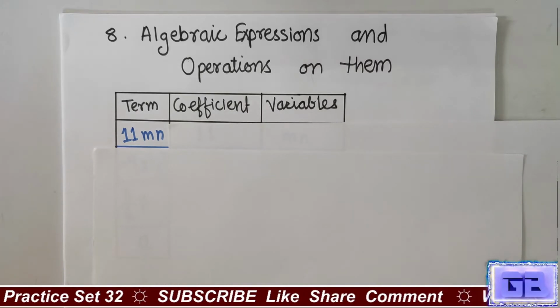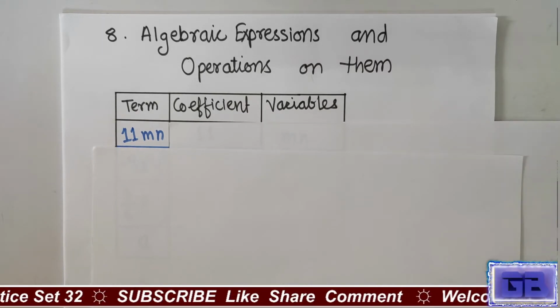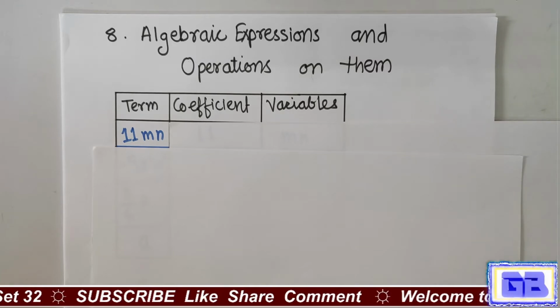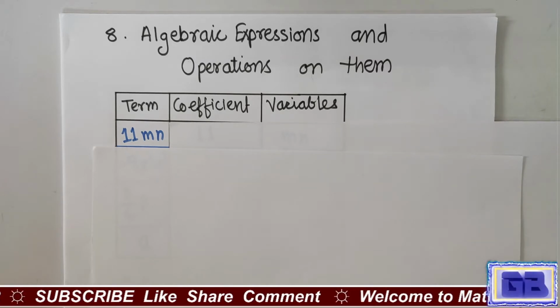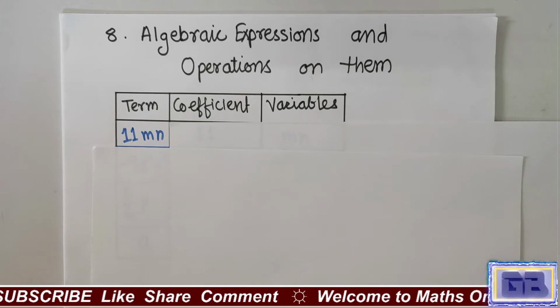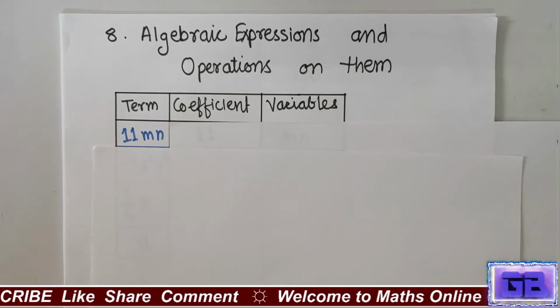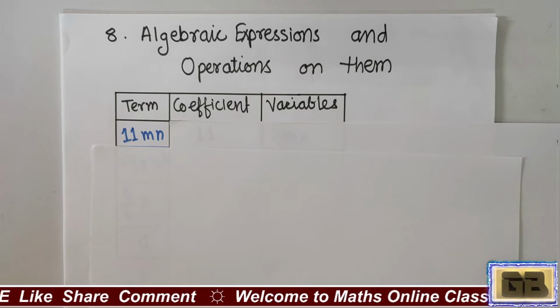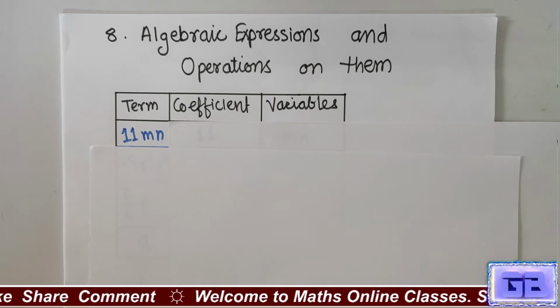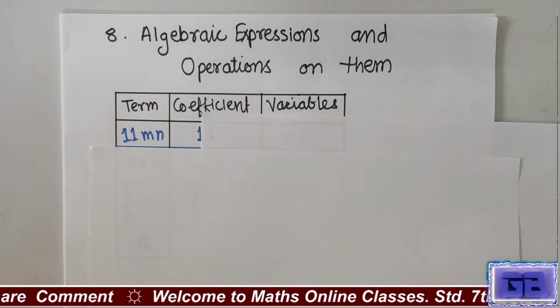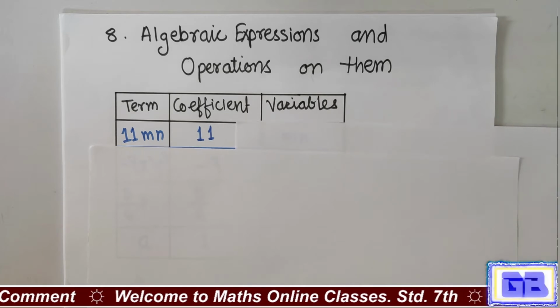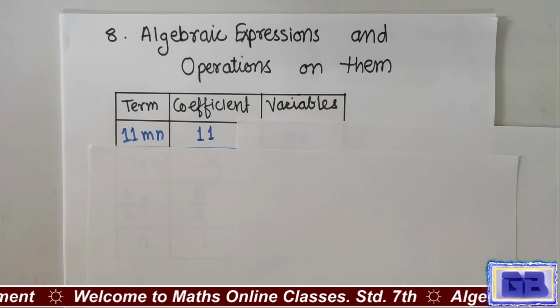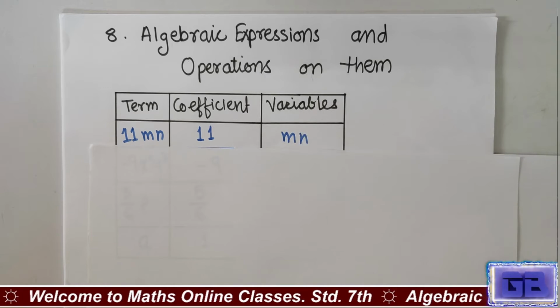First example is 11mn. In this term, 11, this number, is called the coefficient, and the letters m and n are called variables. So in the column of coefficient we write 11 and in the column of variables we write mn.